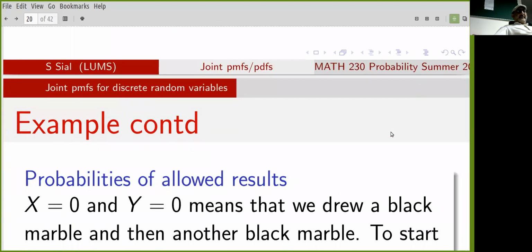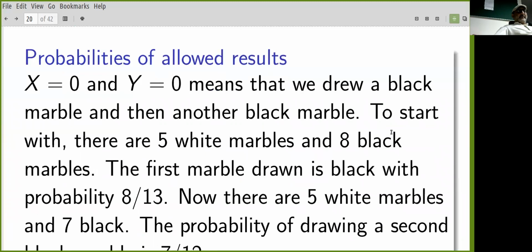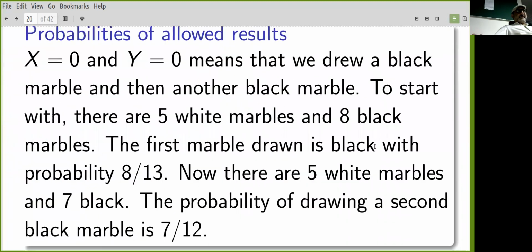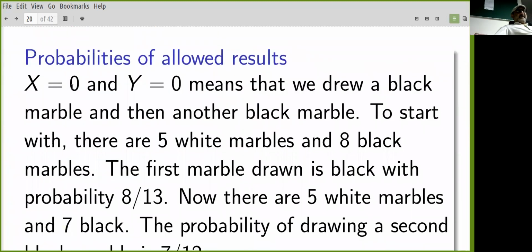Now, let's consider all of these. Out of the allowed results, there's 4 of them. You could have x takes the value 0 and y takes the value 0. It means you drew a black marble and then you drew a black marble. So you had 5 white and 8 black.